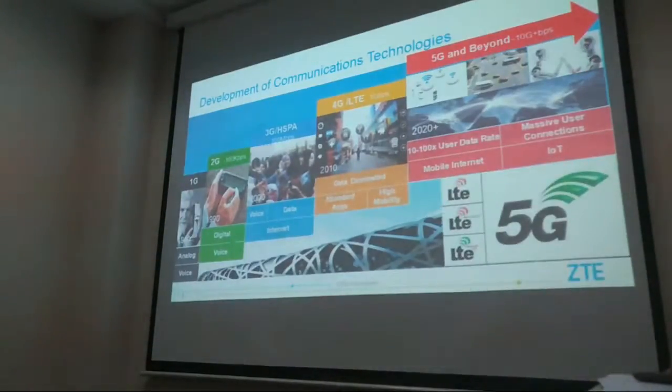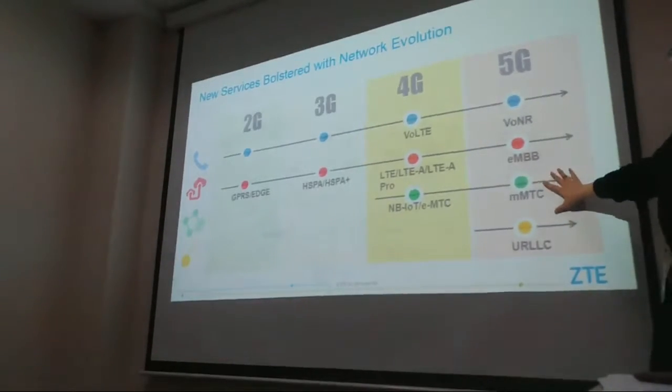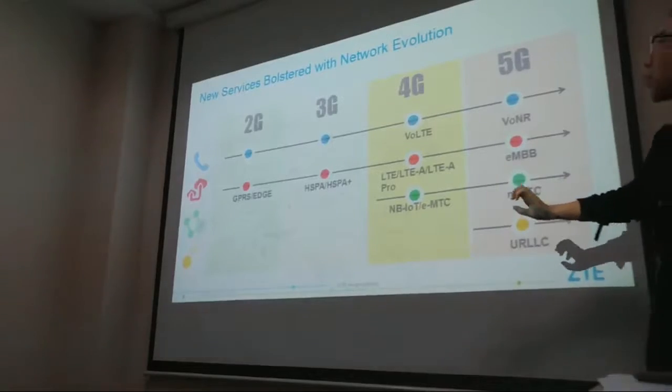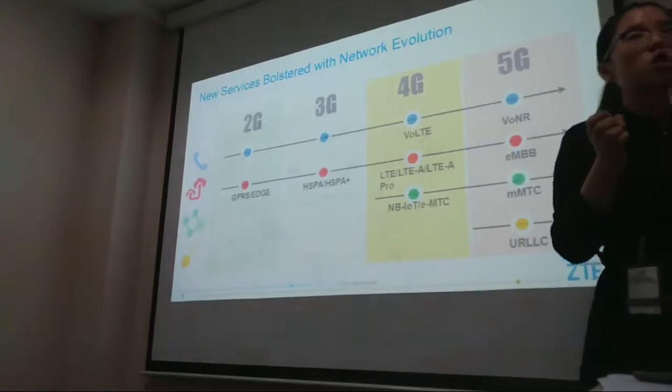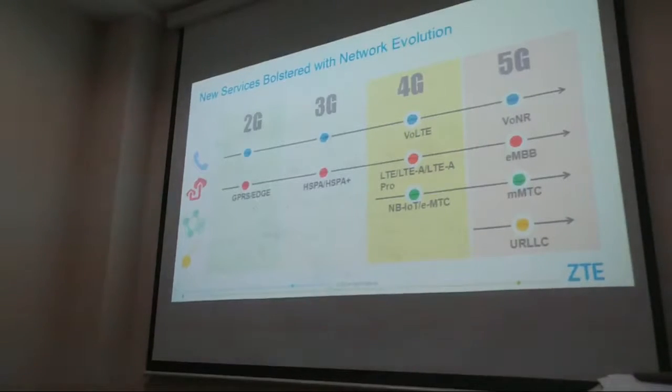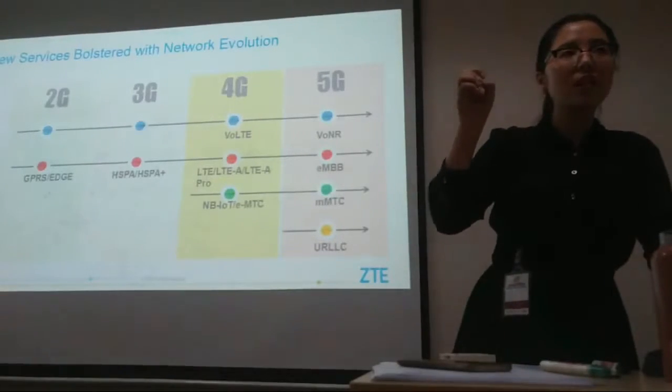Okay. So for 5G, we add two different services. Actually, in 4G, we have the machine service, the machine connection. But for some device connections, the bit rate does not need to be high, and the time delay does not need to be very short.